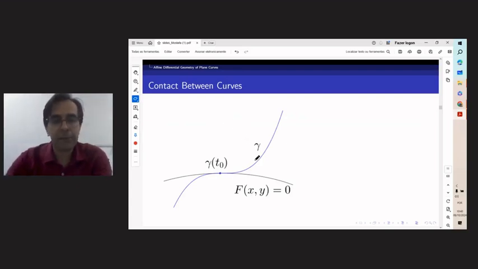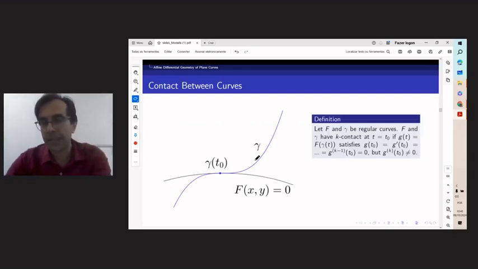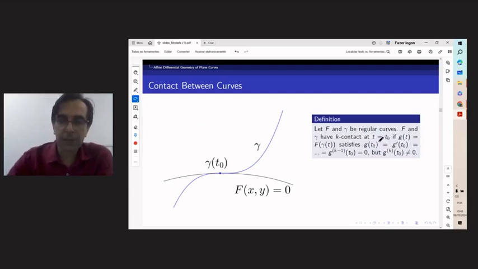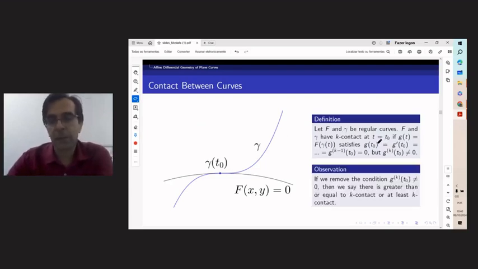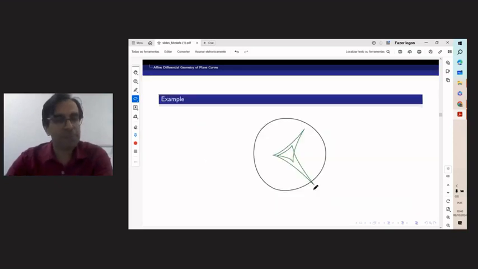If we have two curves, gamma and F, we say that these two curves have K contact at point t equal to 0 if the contact function has a K singularity, and if we drop the last inequality, then we say that these two curves have at least K contact.